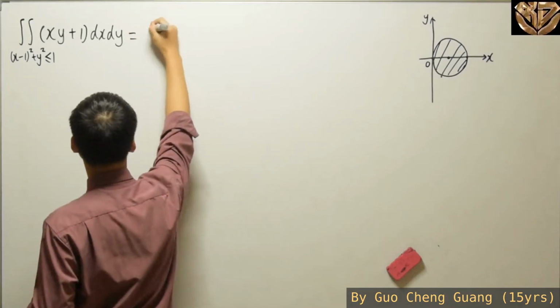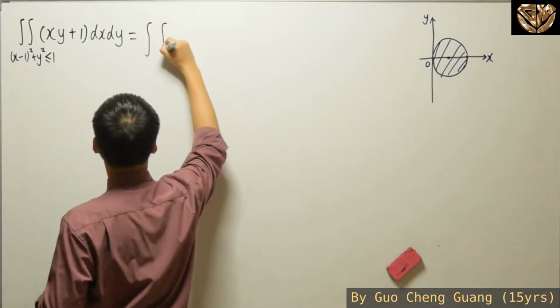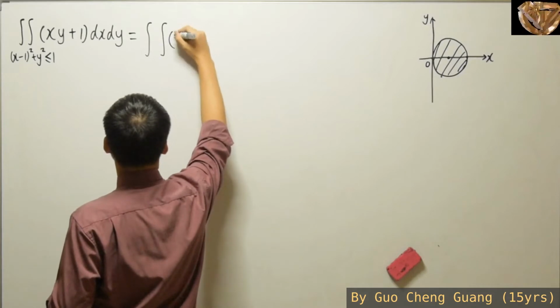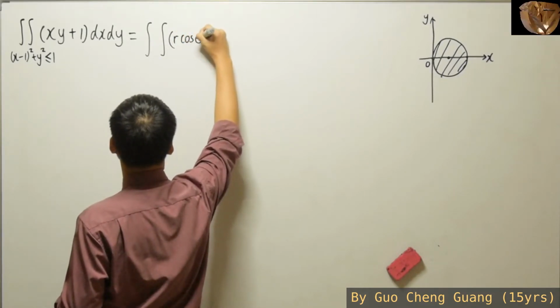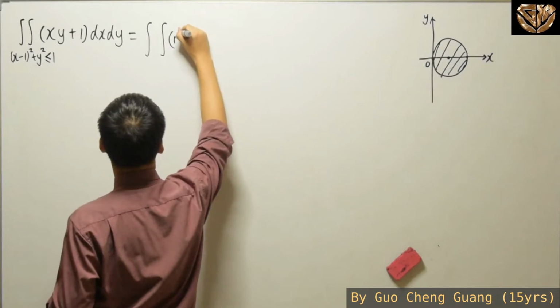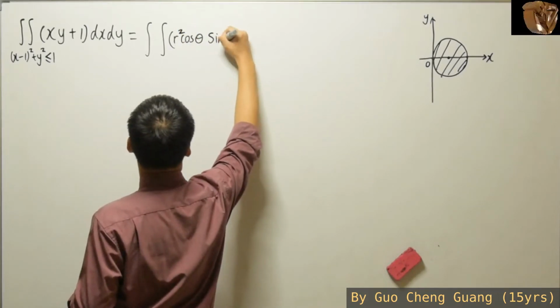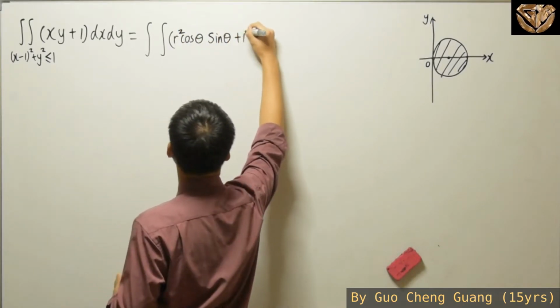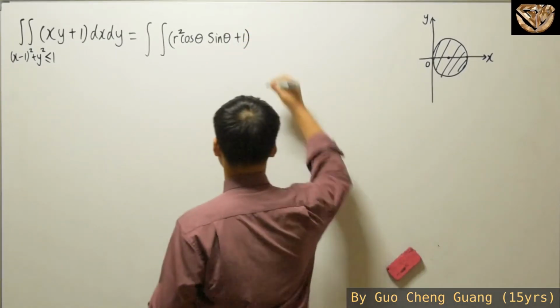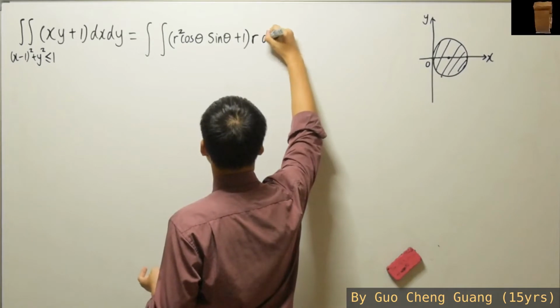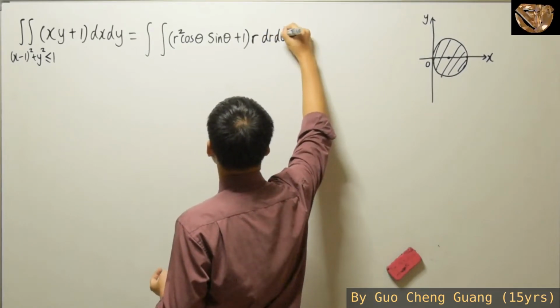So x becomes r cosine theta and y becomes r sine theta. This is what your integrand becomes, and as I said just now, dx dy becomes r dr d theta.